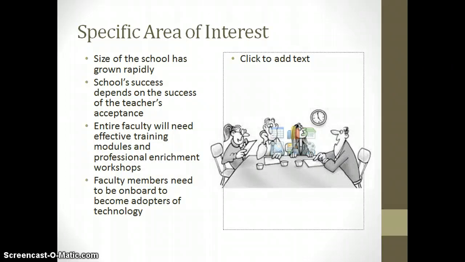In a short period of time, the school has grown, and with its rate of rapid growth, the students' success depends on how well equipped its teachers are in accepting this change. The school hopes to have its entire staff properly trained. They would like to use effective training modules and professional enrichment workshops. At this point, the district really needs to engage their staff members to become adopters of technology.